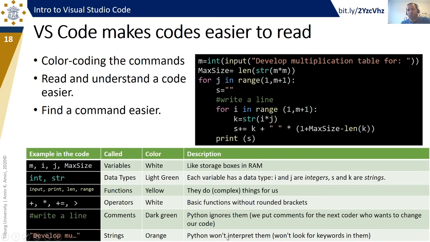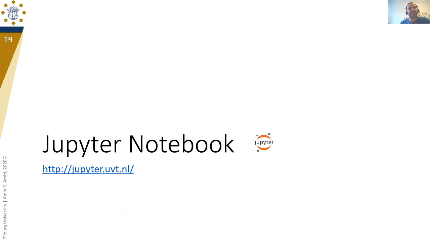That means Python won't interpret them. It doesn't look for keywords like input, range, or int inside that. It just knows that these are not commands. So VS Code helps us with having readable, easily understandable code. I'm going to touch on these in the next lecture, so don't worry about these various types of commands. Just have some ideas about them.